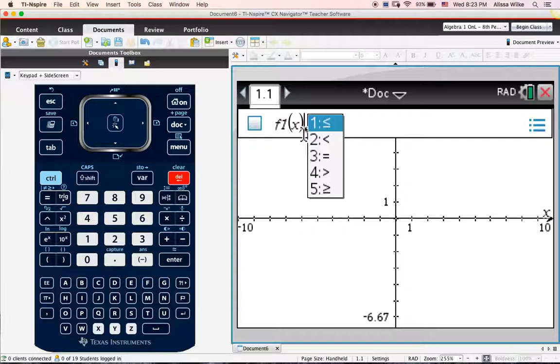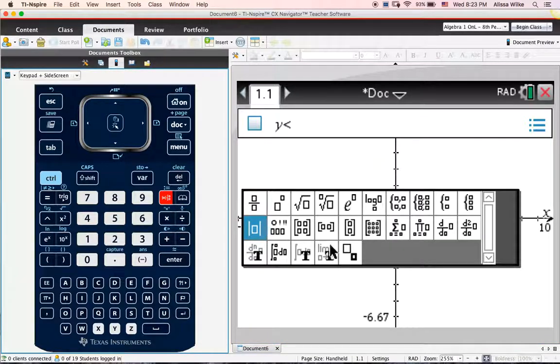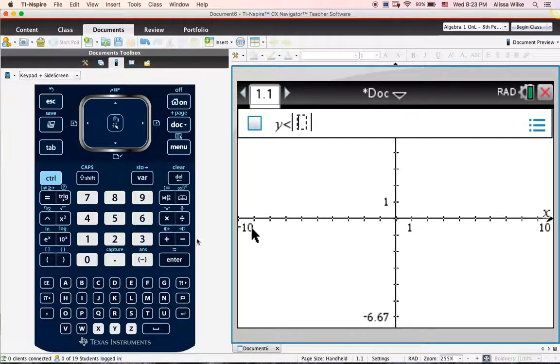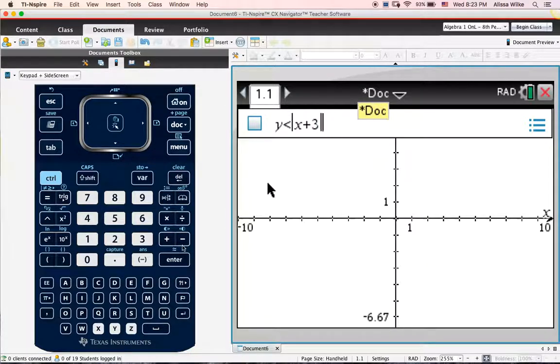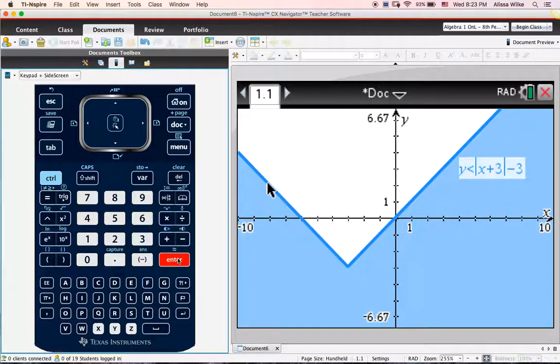I want a less than sign, so I'm going to choose the less than sign, and I'm going to type in my equation, which was the absolute value of x plus 3, and then minus 3. And when I hit enter, that's what the graph is going to look like.